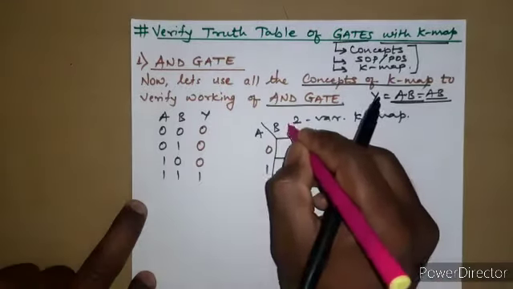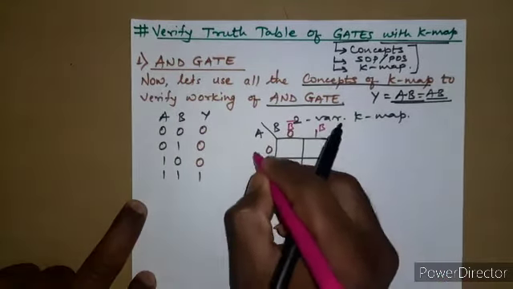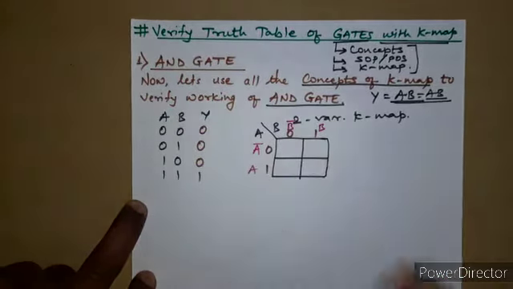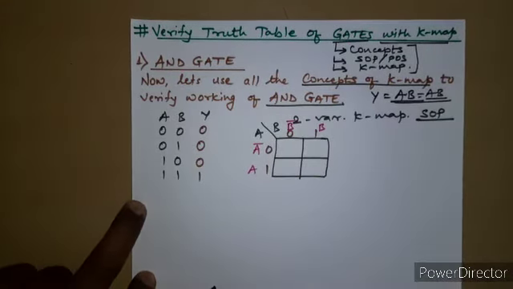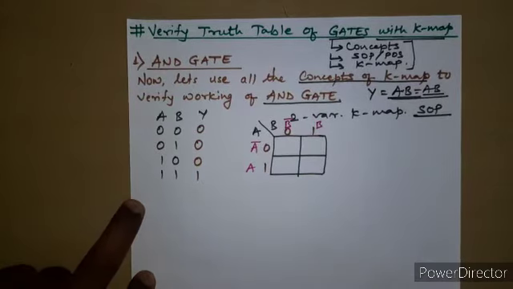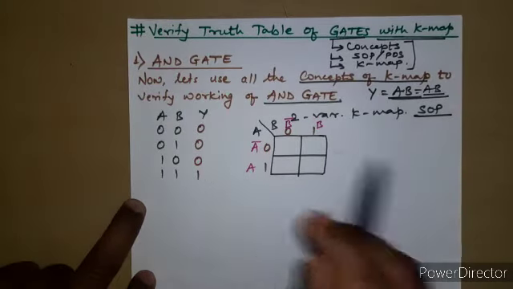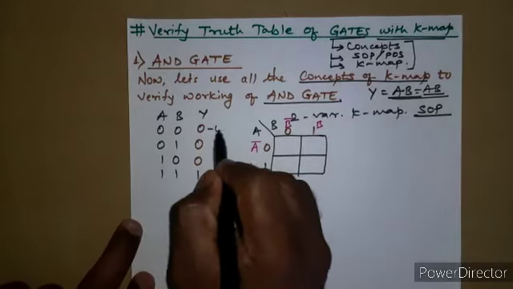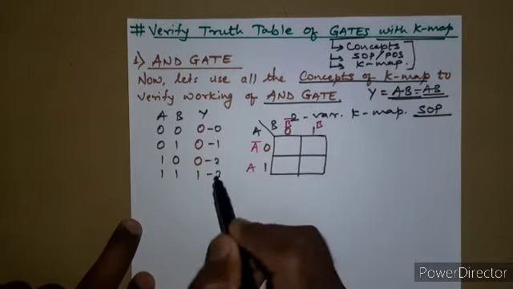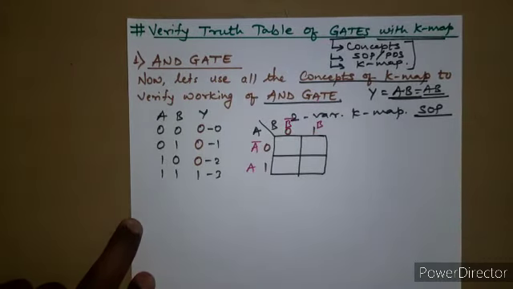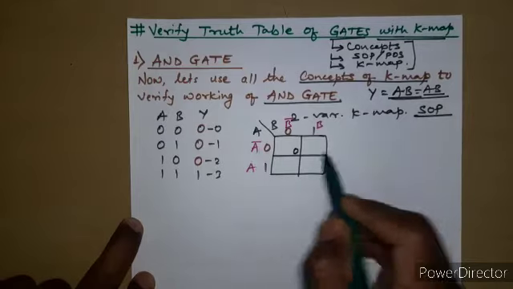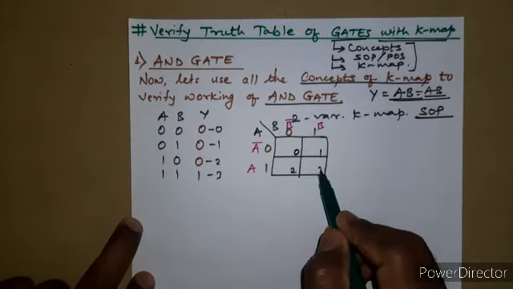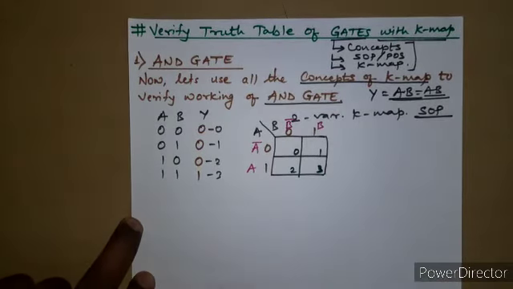This becomes B bar, this is B, this is A bar, this is A. Since we are looking for SOP, I'll put the entries of the truth table in the K-map. So this is 0, 1, 2, 3. I have written the cell numbers.